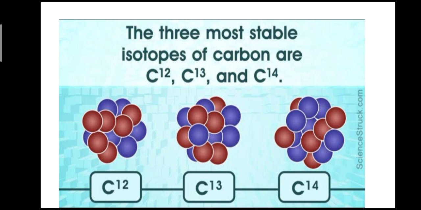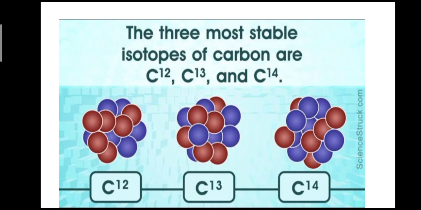Let's go to some more information. What is meant by RAM? It is otherwise called standard atomic weight. It is denoted by AR. Now what is this? It is a ratio. We are comparing with carbon-12, 1 by 12th of the mass of one carbon-12 isotope.